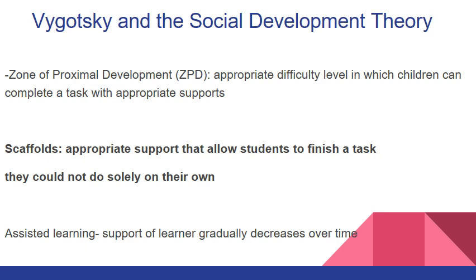Eventually, when students started becoming successful in that task, the teacher would gradually remove those supports until the student became completely independent and could do the task without any scaffolds, without the help of instructional tools.